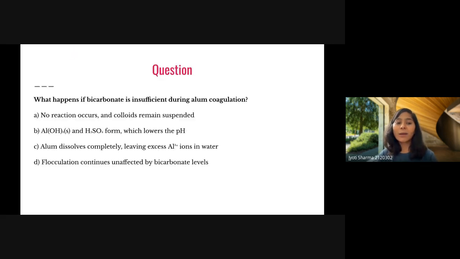Next is, what will happen if we do not have sufficient bicarbonate in your untreated water during alum coagulation? No reaction occurs and colloids remain suspended. Aluminium hydroxide and sulfuric acid form, which lower the pH. Alum dissolves completely, leaving excess aluminium cations in water. Flocculation continues unaffected by bicarbonate levels.